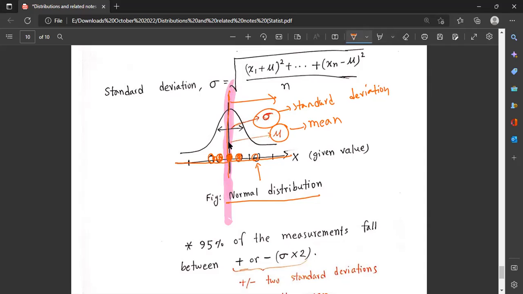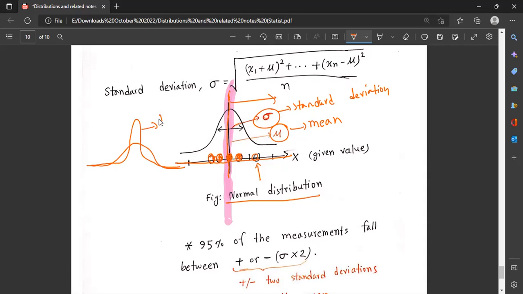So it represents how many samples it represents. Let's say we have a graph this way and we have a graph this way, okay?